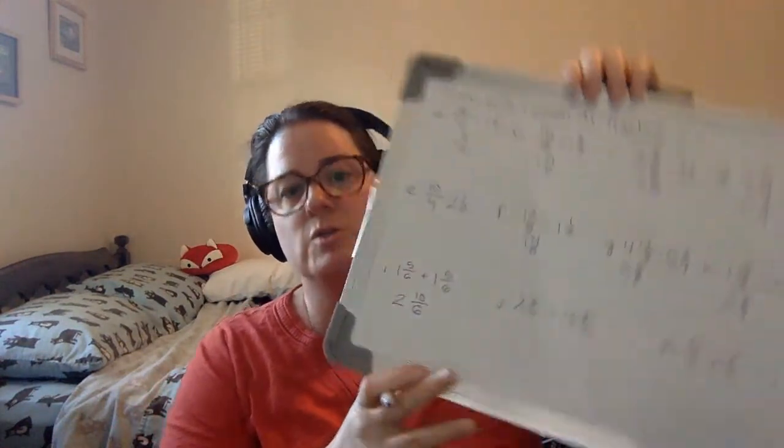So I is 1 and 5/6 plus 1 and 5/6. The first step is just to do the addition. So 1 and 5/6 plus 1 and 5/6 is going to be 2 and 10/6. That is our initial solution. Now, 10/6 is an improper fraction, so we're going to convert it into a mixed number, which is 1 and 4/6.